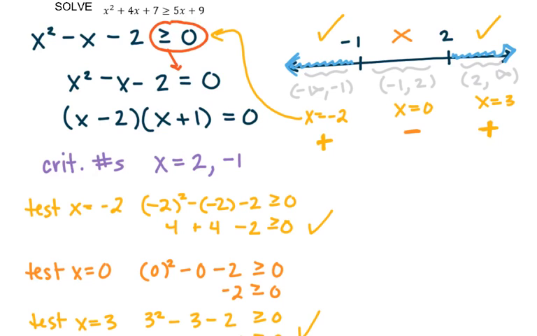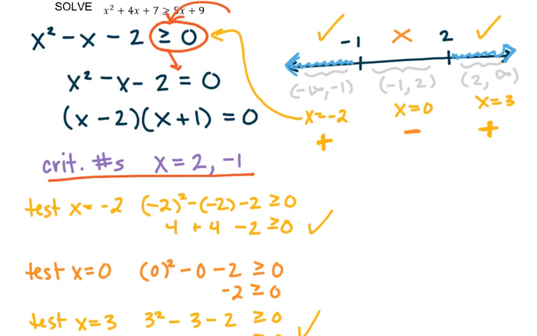So the only thing we have to think about is, am I going to use a bracket or a parenthesis at each of those endpoints of those intervals? And because the inequality given says equal to, and these critical numbers that we found are basically zeros, a 0 is a point on the x-axis, and the graph is equal to 0 there.